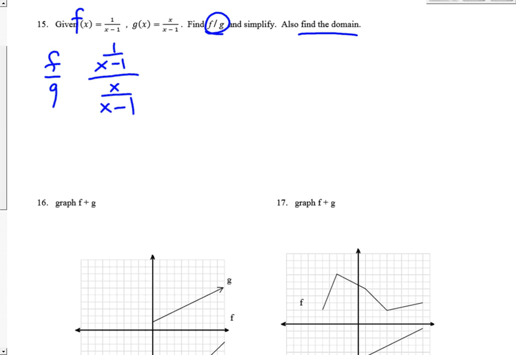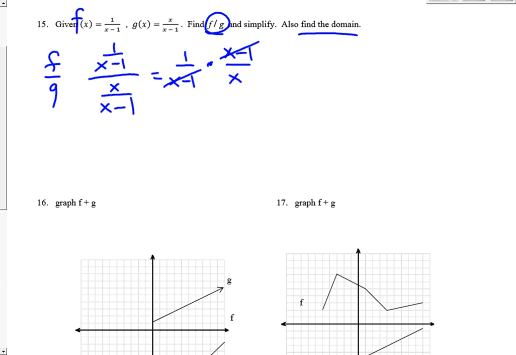Well, just like on number 14, if you have a complex fraction, you're going to multiply by the reciprocal. So you take the top and you leave it as is, but you take the bottom and you do the reciprocal. So x minus 1 over x. When you multiply fractions, you can look to see if you can simplify before you multiply.